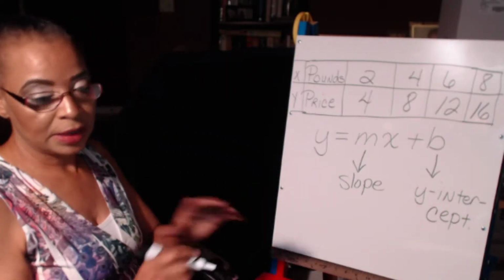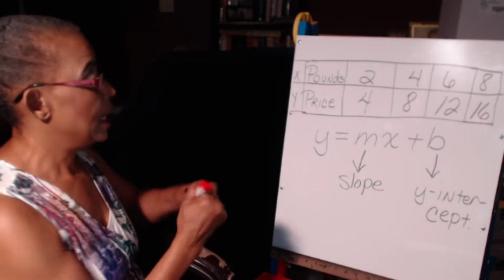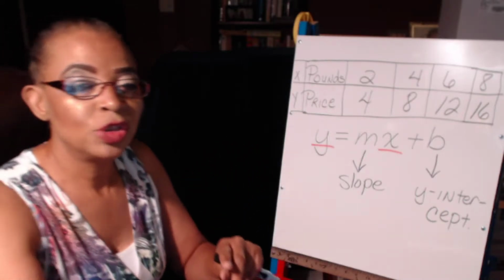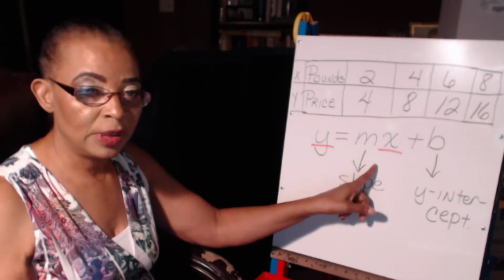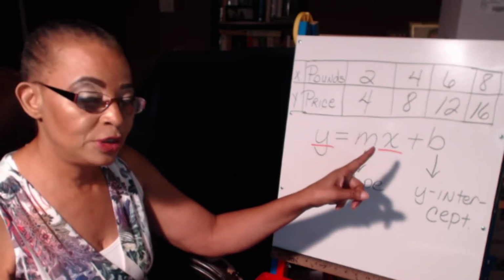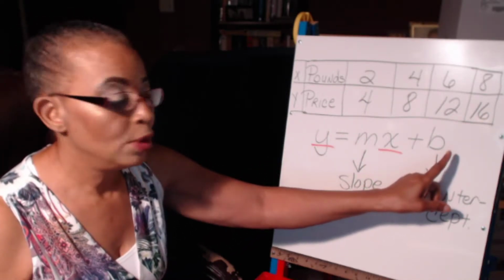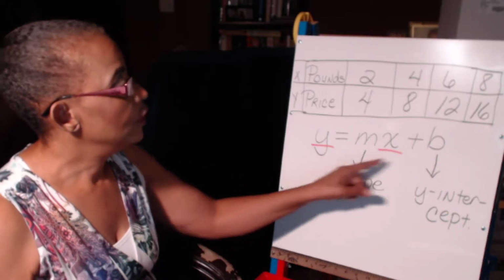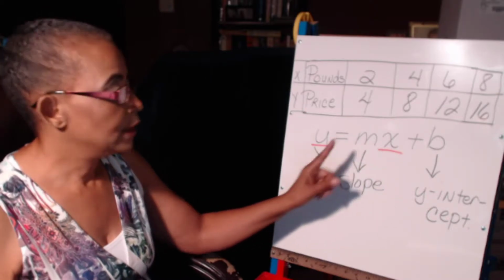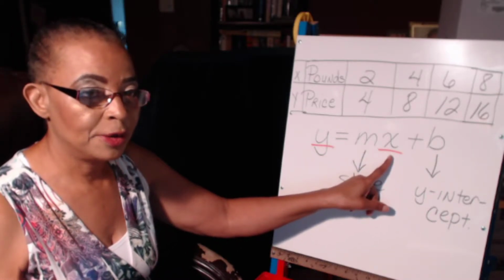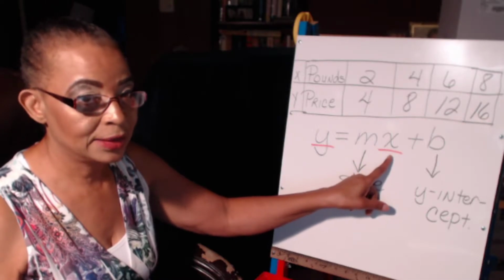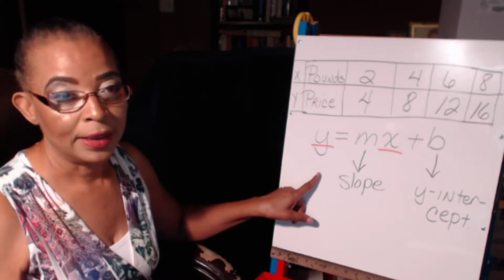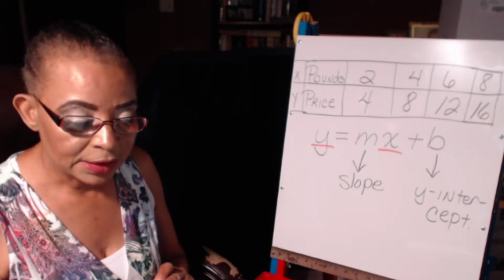Now, notice the y and the x are still there, because once you know what the slope of the line is, in this case I think it would be 2, and if you know the y-intercept, you have that information. Whatever x is, once you identify the value of the variable x, substitute it into that equation, and you will get y. So let's confirm that.